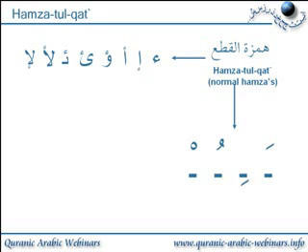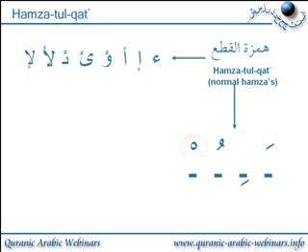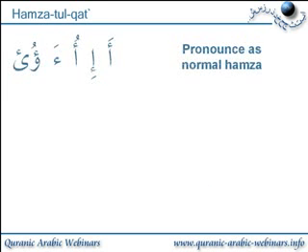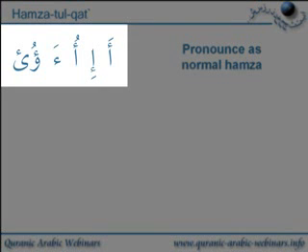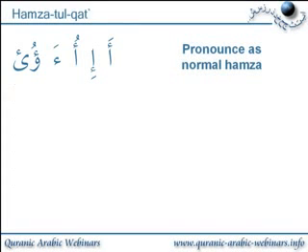The main thing to note here is the normal Hamzas can carry the vowel sounds and they can be silent. So here's a few examples. We've got the a, e, u, etc. And the main point here, and we've covered this before, is the Hamza will always be pronounced as the Hamza, even if it's sitting on a waw or a ya, they're still pronounced as a normal Hamza.